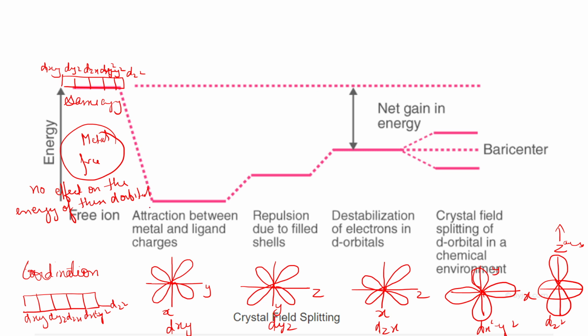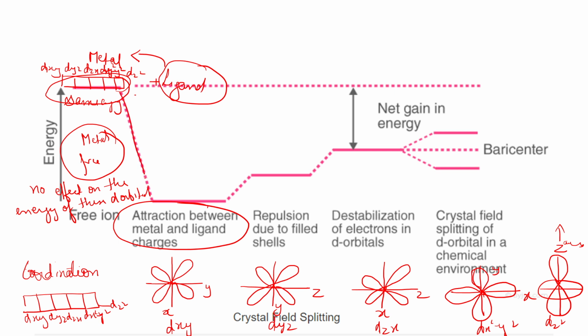But as soon as a ligand comes, let's say this is the metal, and the ligand comes in close proximity to it, what happens? The energy of the metal d orbitals decays. Here you can see the energy of these five d orbitals decays, because there is an attraction.